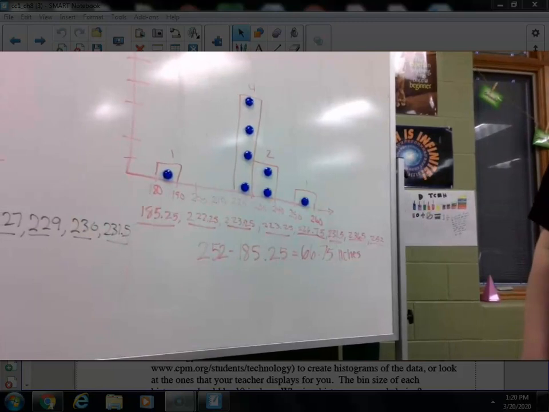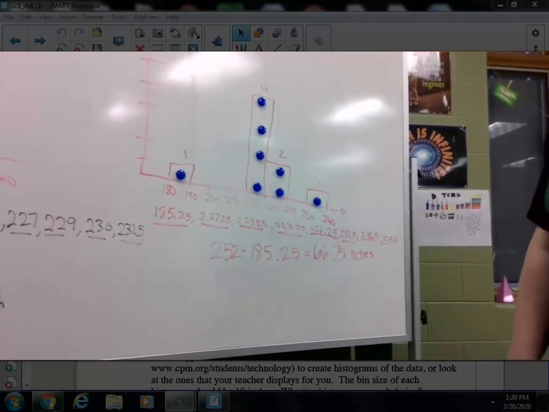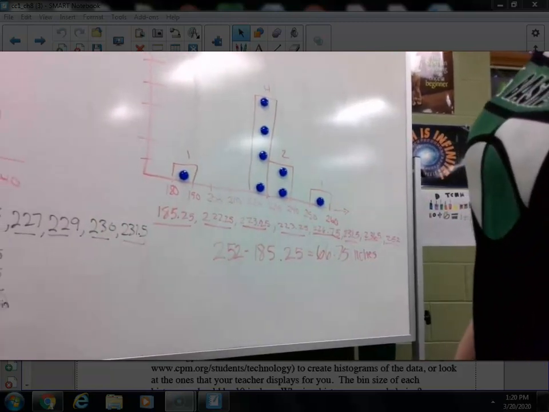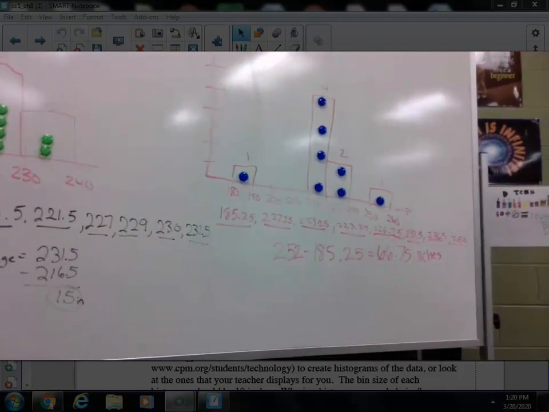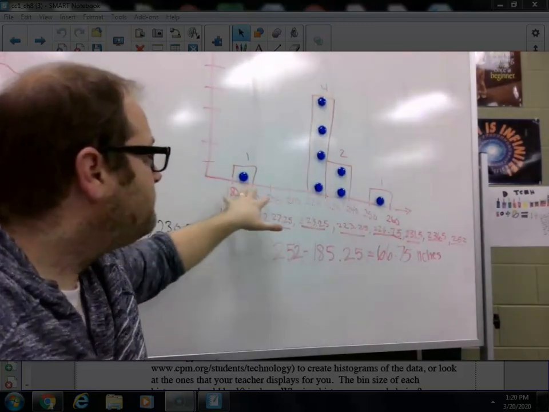So when we have a smaller range, we can talk about our data being more consistent. It's not as far spread out. The data is more closely connected. There's probably not very many outliers, if any. Whereas if you have a larger range, that means there are more discrepancies in your data.